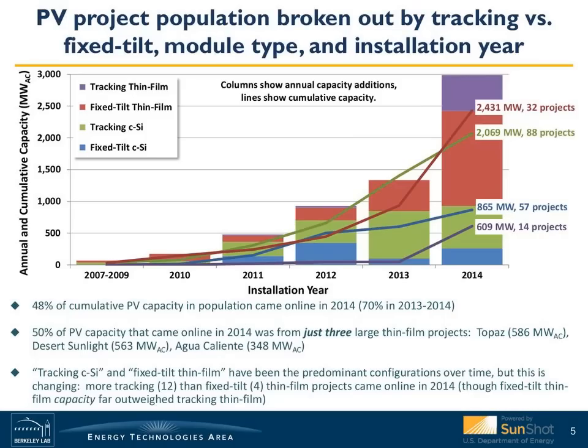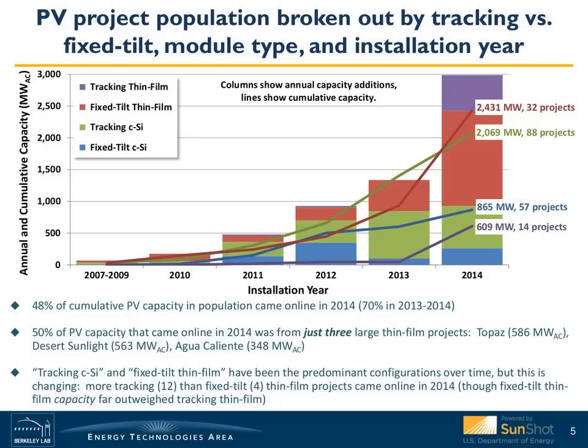This slide now shows the trend in different project configurations over time. We see that 2014 was a boom year for utility-scale solar, that in general is dominating overall PV additions in the United States in comparison to residential and commercial additions, with nearly twice as much capacity installed in 2014 than in 2013.